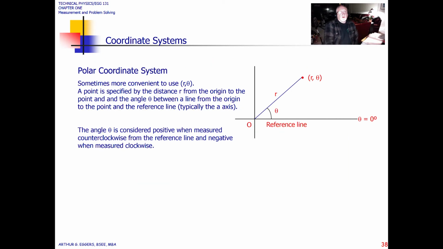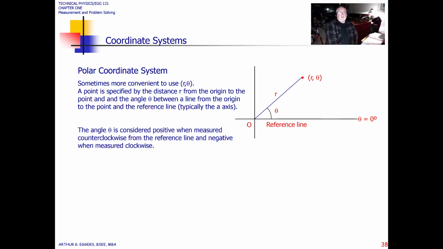Another system that you will become familiar with as we get into vectors more is the polar coordinate system. The polar coordinate system uses a radius from the origin and an angle that it makes from the horizontal, or the x-axis.